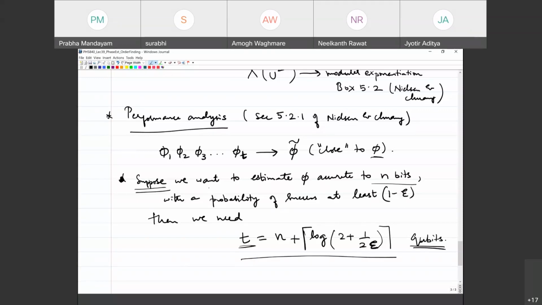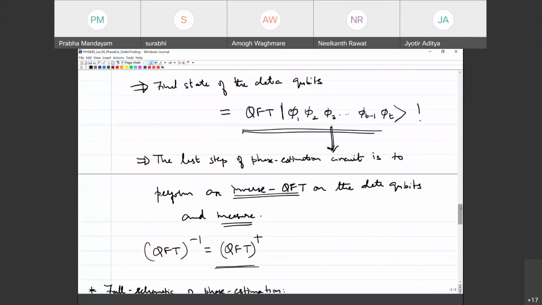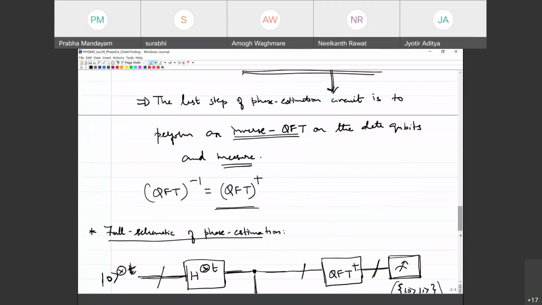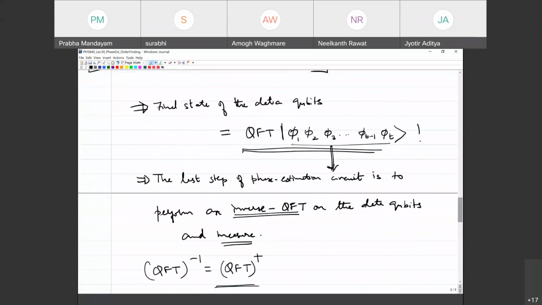No, so the idea is this, that okay, let me write this out properly maybe. So there is a measurement at the end, remember, right? And the way I have shown you, it's as if you have this exact, so I said that this is exactly QFT on this particular bit string, right? And I said that this bit string is exactly phi, right? So I said the inverse Fourier transform exactly gives you back what I call ket phi, right?